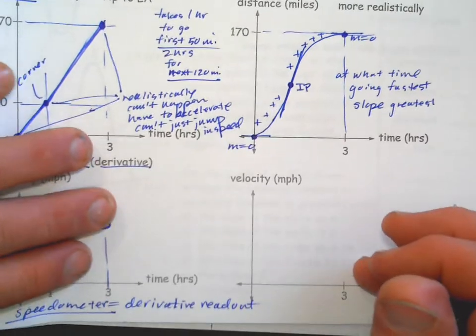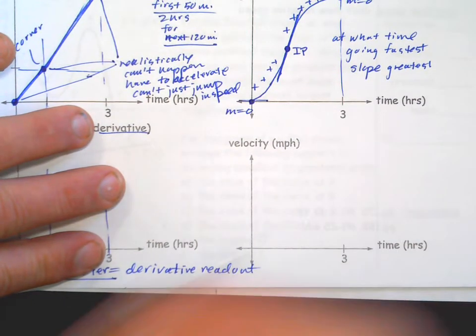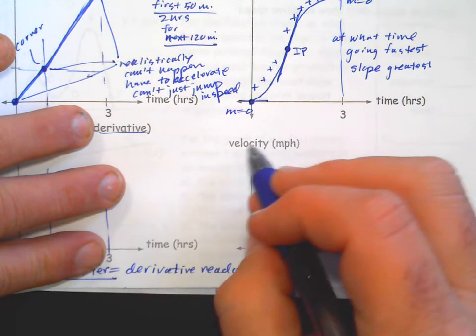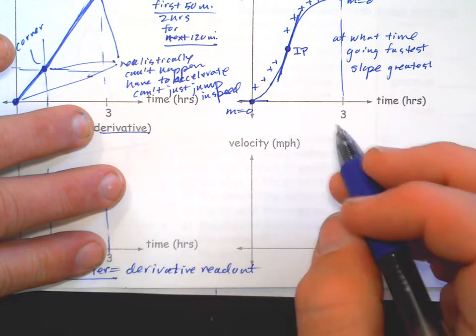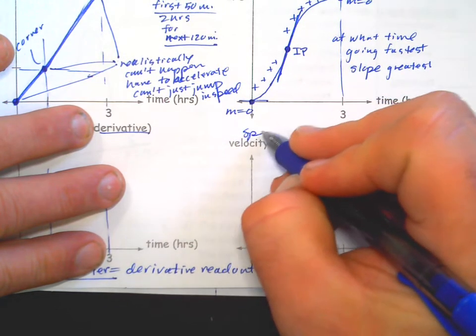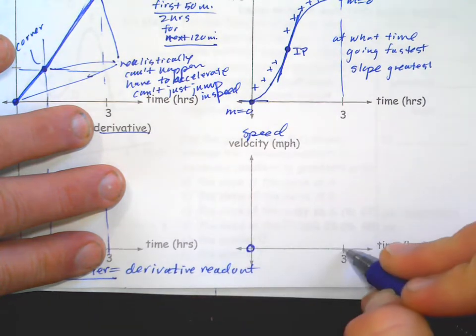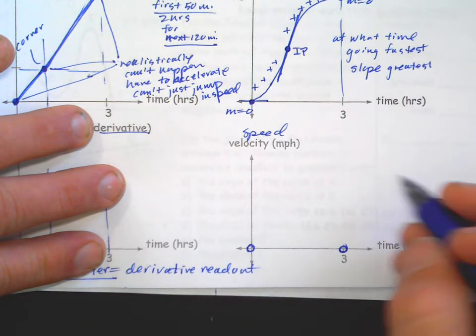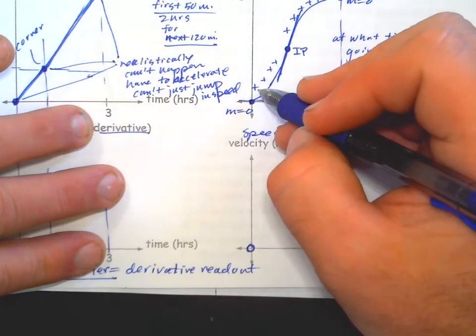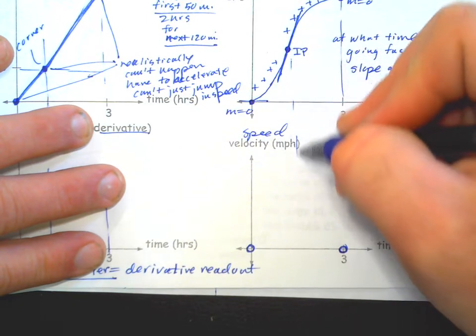And then the velocity graph, well, now if I said speed graph, it would always be positive. So it's always going to be positive. We'll do speed, velocity, or speed. Now, we start off with a 0 slope and we end at a 0 slope. But we're going to put open dots, like I said before. And then the slope's going to be going up, and then it hits that max slope, right?